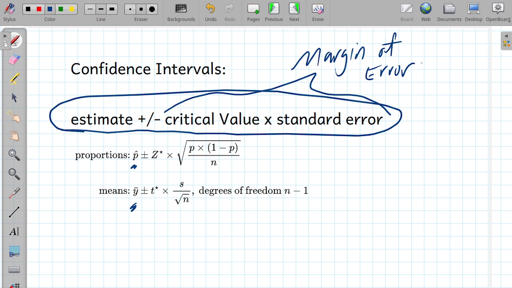Standard error formula is for proportions this thing here, and for mean values this piece here. The critical numbers are a table lookup. So you'll notice for proportion, I'm using Z star. That's how I do notation for this.